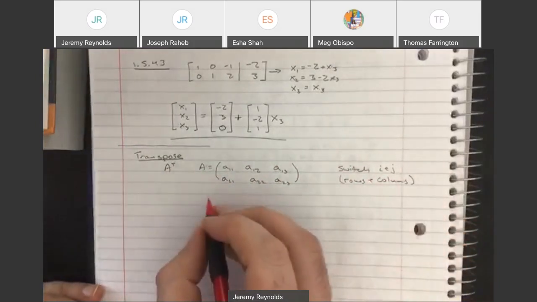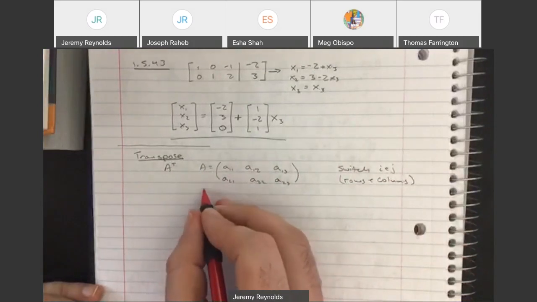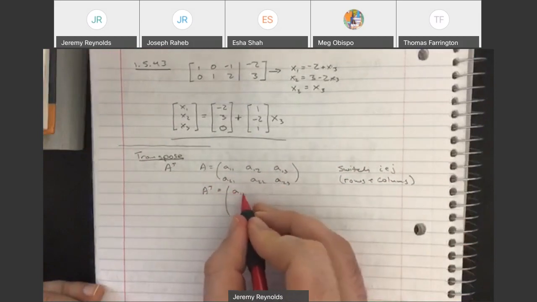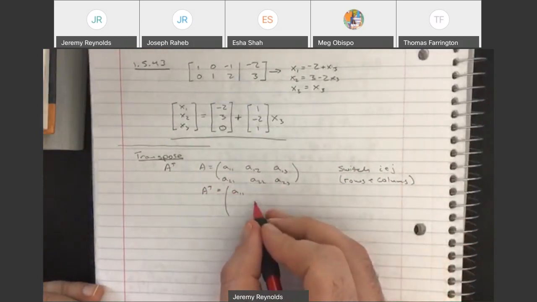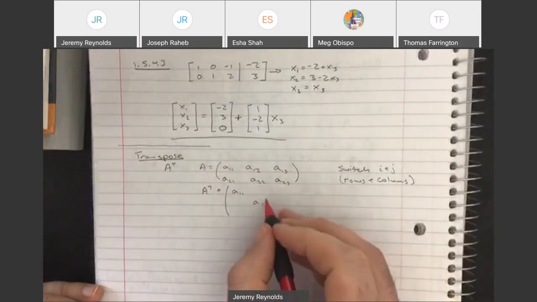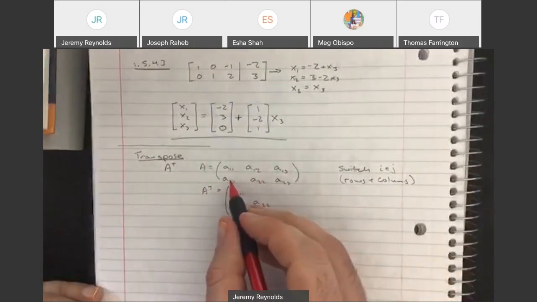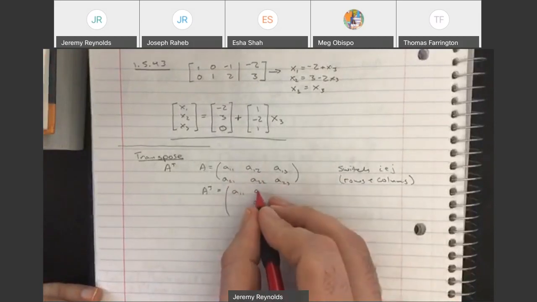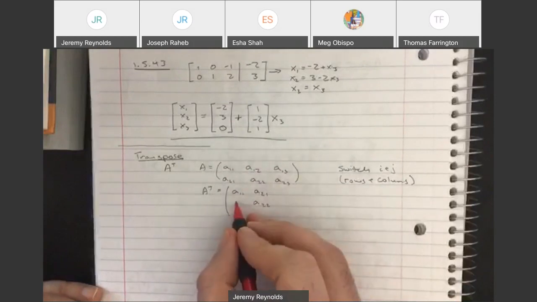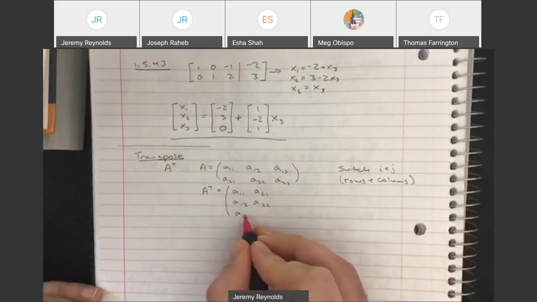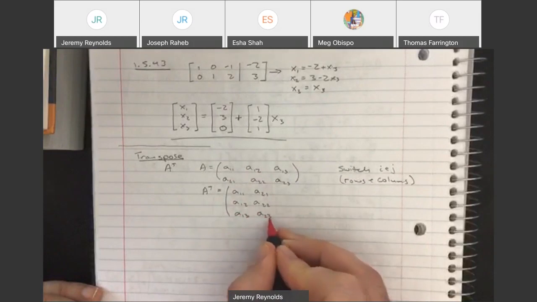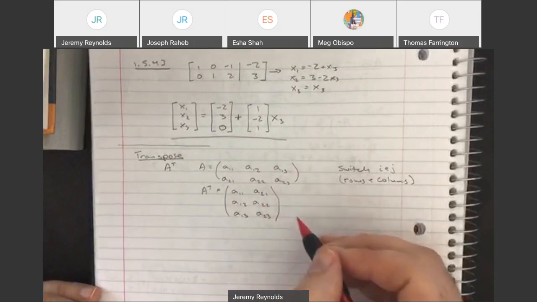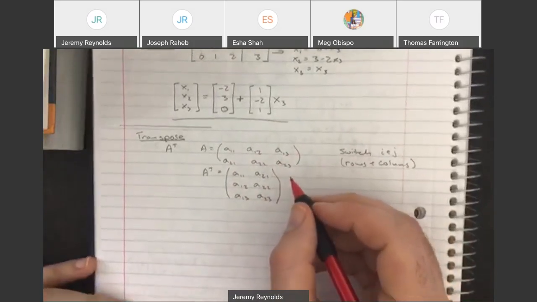So A transpose, A11 is going to stay in the same place. A22 is going to stay in the same place. But everybody else, so A21 is going to move from the second row first column to the first row second column. A12, similarly. So you see that everybody just flipped over their mirror image, basically.